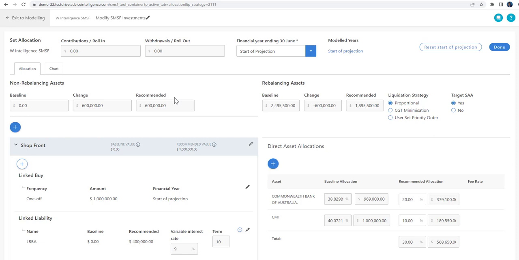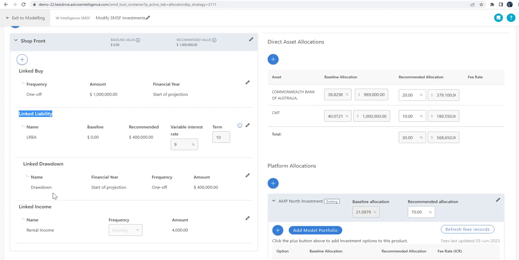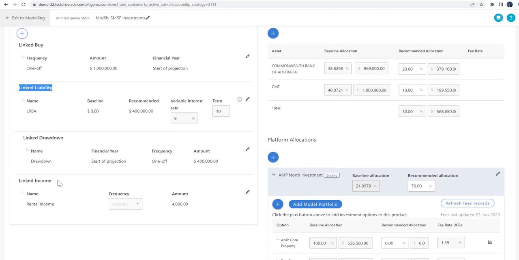So we're going to use 600,000 as a deposit to buy a shop front worth $1 million. It leaves a gap of about 400,000, which is of course filled using a loan and LRBA. I have even added my expected rental income for that shop front per month.